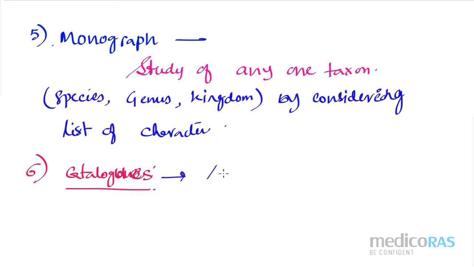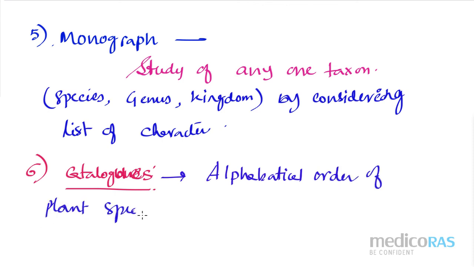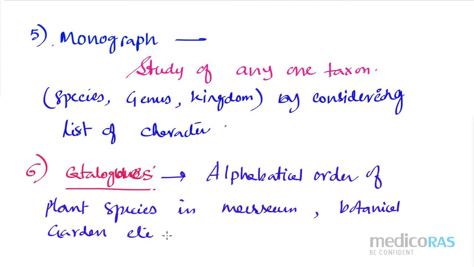Please write down: alphabetical order of plant species in a museum, or in a botanical garden, etc. If you enter a museum and are looking for one particular species, and you have no time to visit the whole place, you must have a catalog. By alphabetical order you can search that specimen, collect the information, and go for your work.